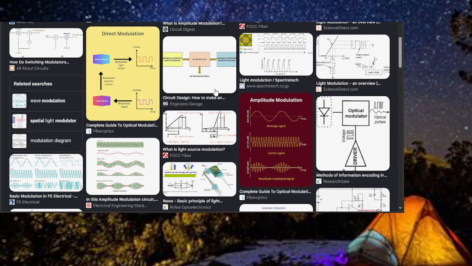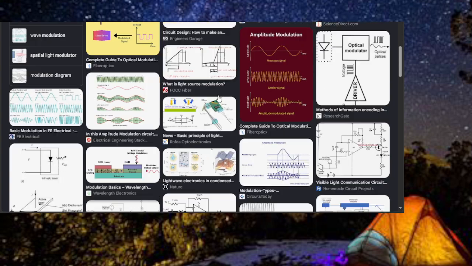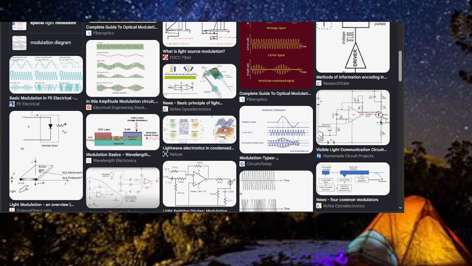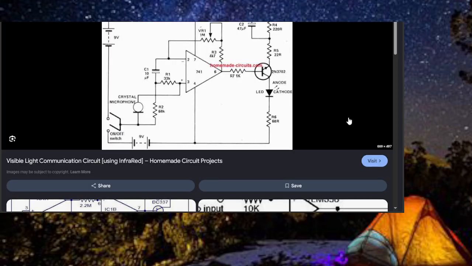You've got optical modulators, optical pulses, amplitude modulation. Let's see what this circuit is here. Oh, this looks nice. So here's a circuit.